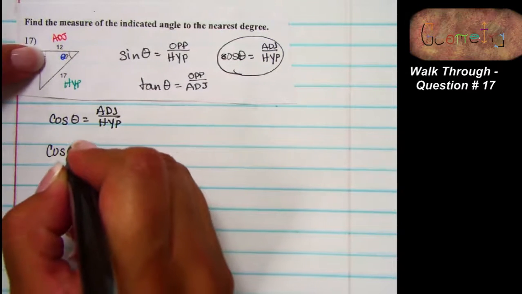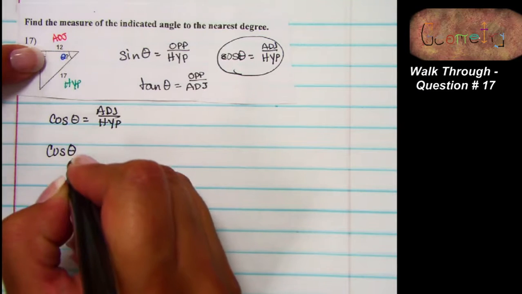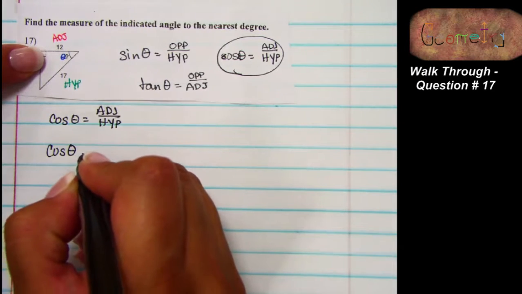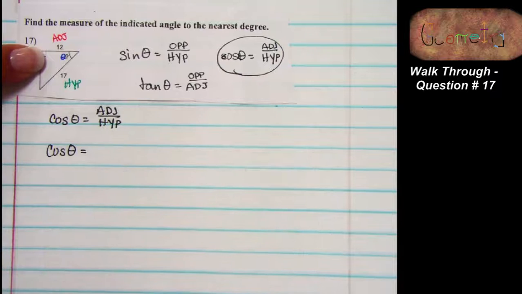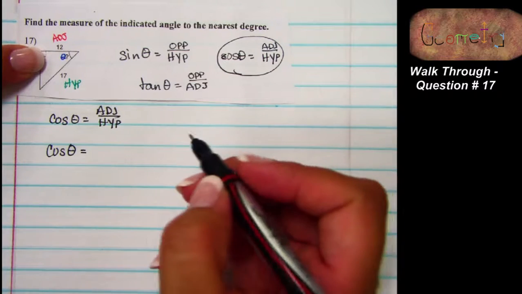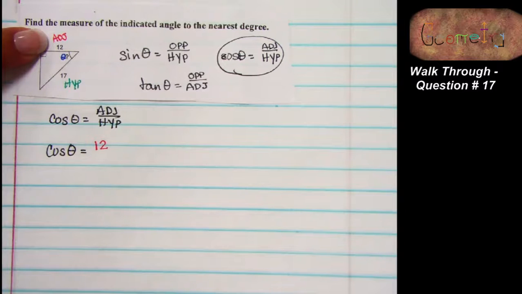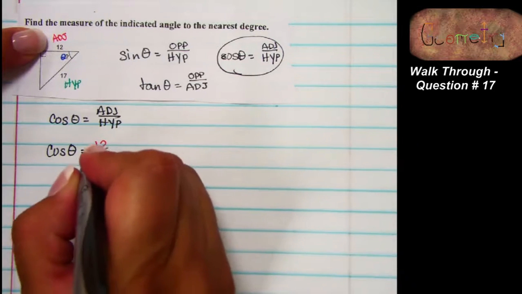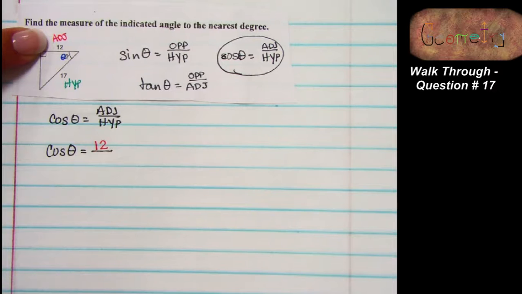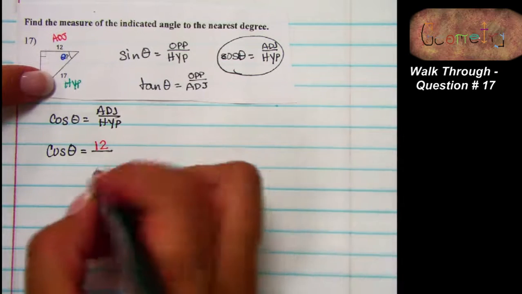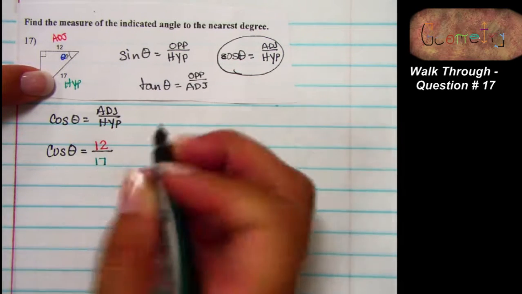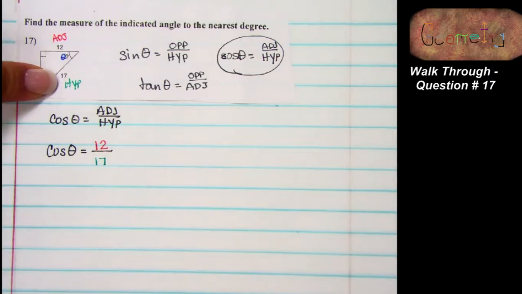I don't know what the measure of the angle is, so I'm going to leave it as the variable theta. But I do know the measure of the adjacent side. The adjacent side is this one. The measure is 12, and so that value in the numerator is 12. Same idea for the hypotenuse, and I have that the hypotenuse is 17.